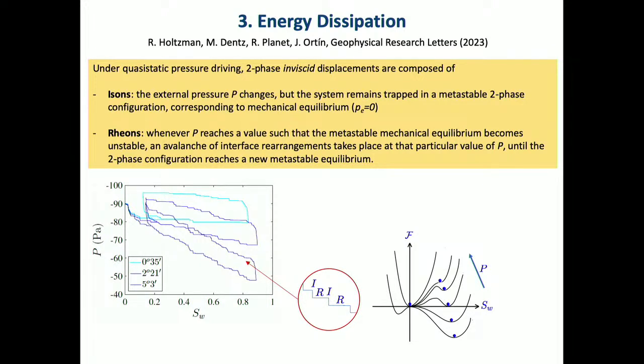Now, in the 5 minutes, maybe, that I have, I will try to explain to you that return point memory is not just an interesting curiosity, but it's something that can have applications. And in our upscaling problem, it has the application of allowing us to compute energy dissipation.